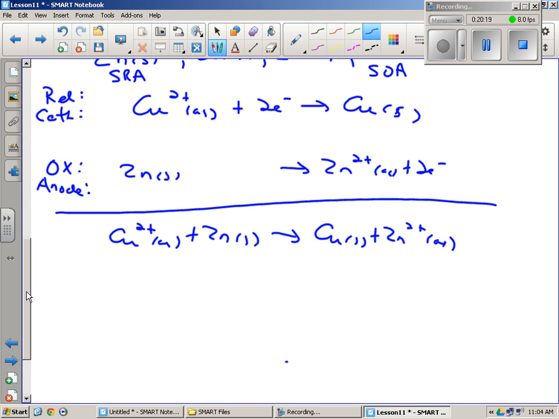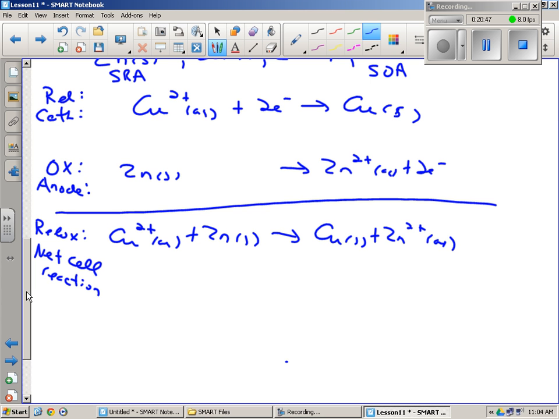So we would call this, of course, earlier we called this the redox reaction. Now we're going to call it the net cell reaction. In other words, when we add those two half cells together, that's the overall net cell reaction that we're going to actually be taking part in here. Okay? Net cell reaction.